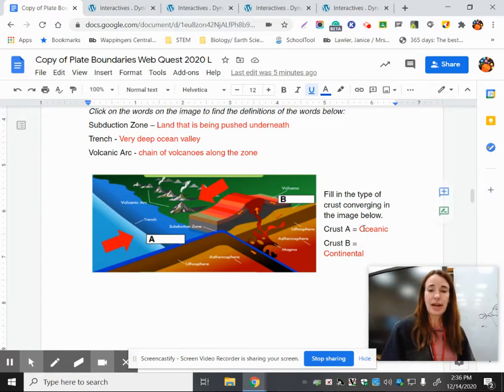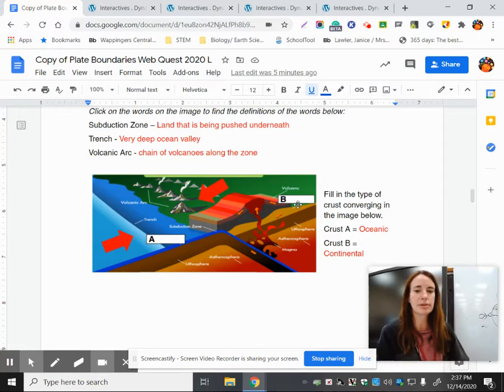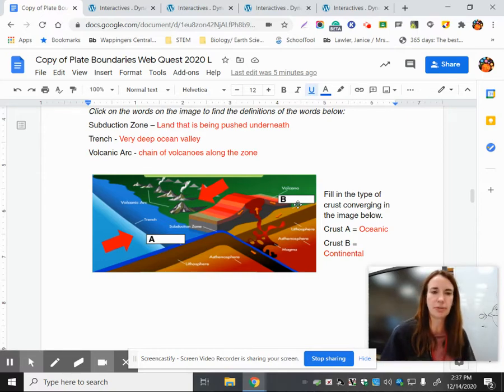In this picture, A would be pointing to the oceanic crust, and B is pointing to the continental crust. I'll give you a moment to write those things down or copy and paste them onto your documents. And remember, you can always pause this video and catch up, because I tend to move a little fast.